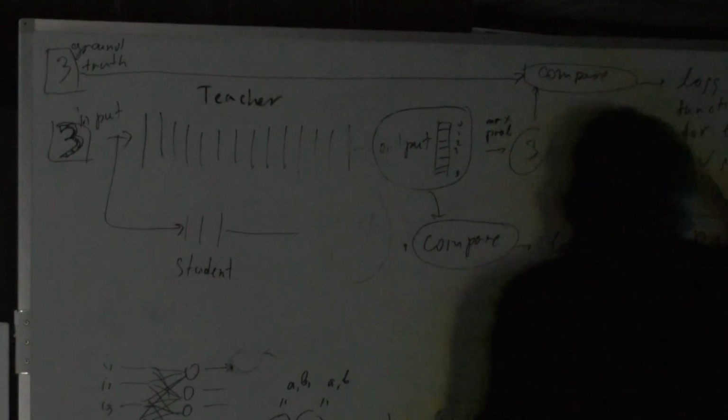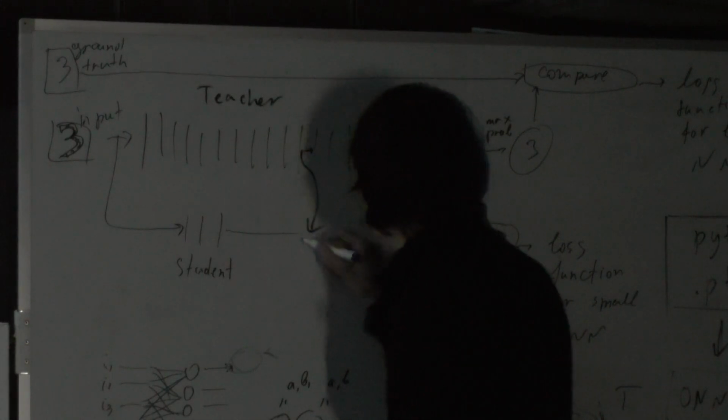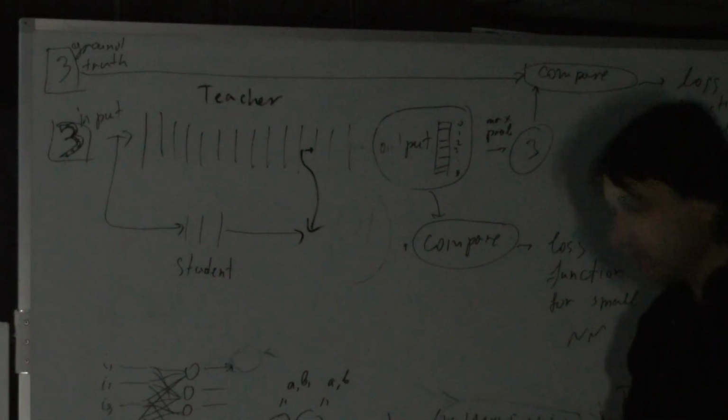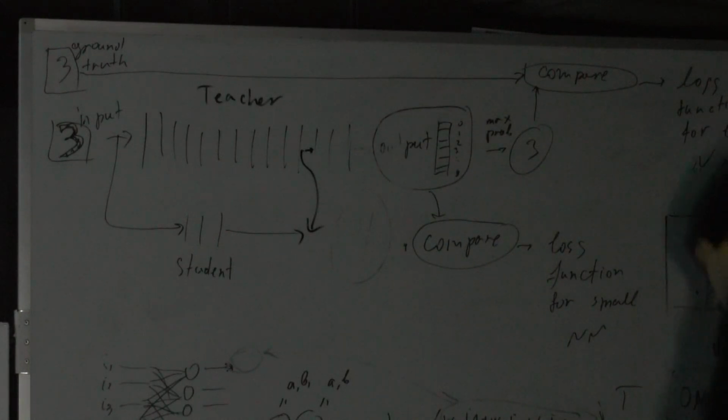So you may even have cases when this part is compared not to the output, but to some sort of internal representation inside of the large neural network. So I can take the output of, for example, this layer and compare it with whatever I have here in a student model, and then replace not the whole teacher model with the student, but some part of it. That's a pretty reasonable approach. It still can be done.